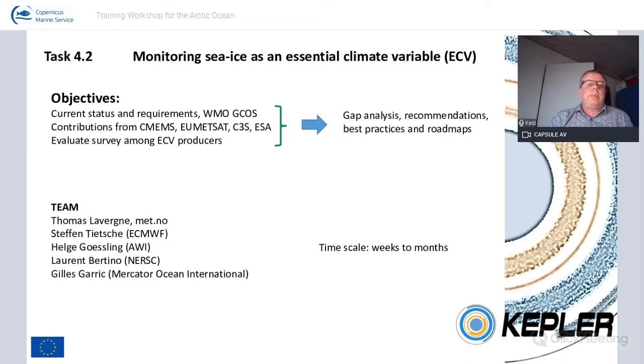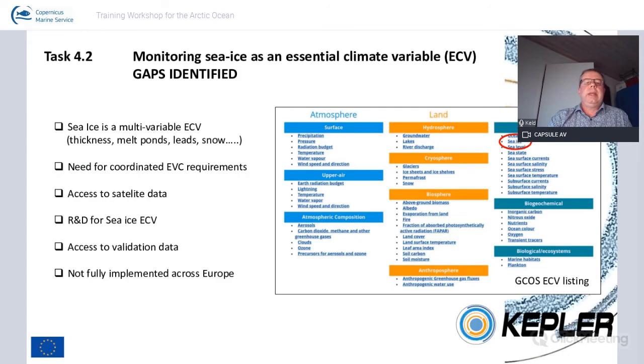Again, there was a project team that worked with this, and the focus of their work was parameters on weeks to months. Again, a gap analysis, recommendations for best practices, and roadmaps to what new products were suggested.